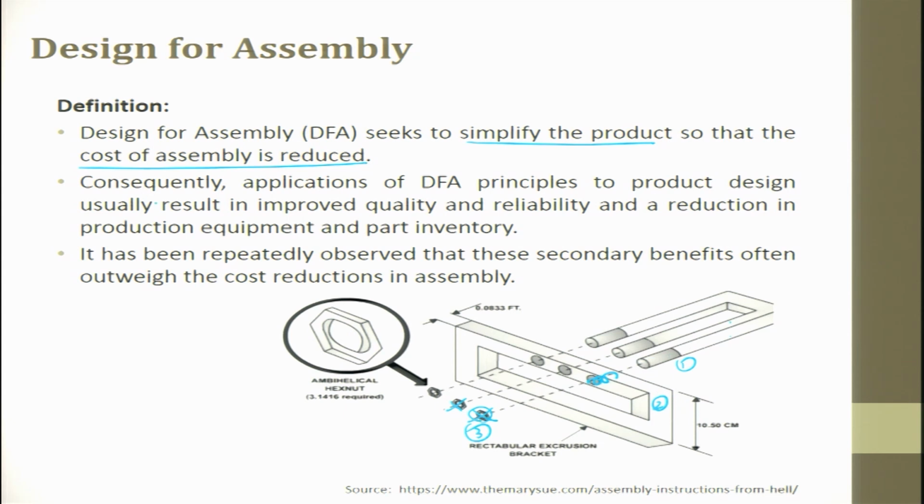Okay. So, when we try to follow design for assembly, it results in improved quality, reliability and a reduction in the production equipment and part inventory. All these things lead to an efficient product. It has been repeatedly observed that these secondary benefits often outweigh the cost reduction in assembly.